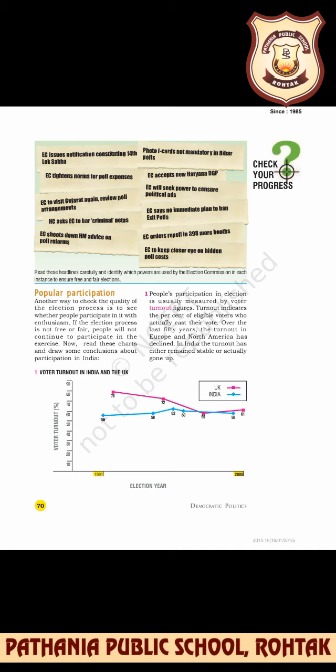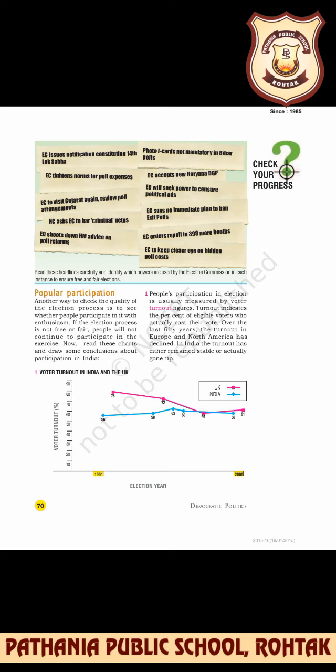So to check the quality, how much percentage of polling there is is also very important. Now you can see this chart, beta. On this line graph, this blue line denotes India's polling and this pink line denotes the UK polling.